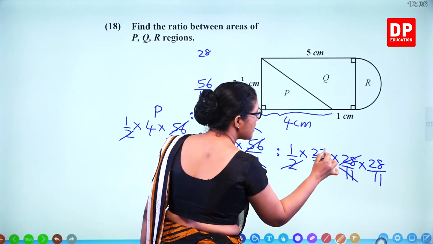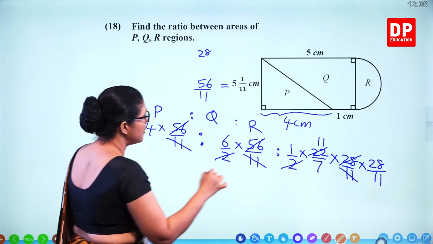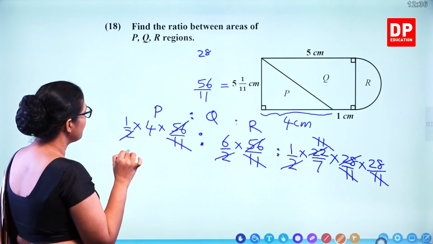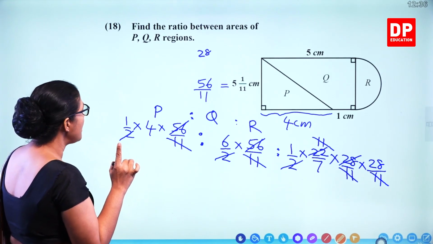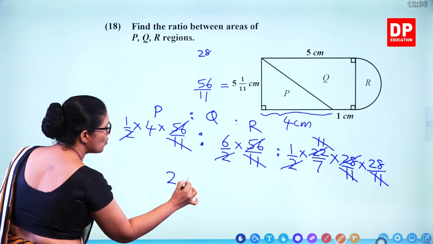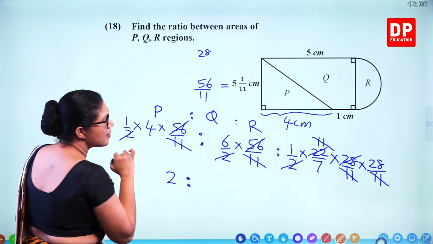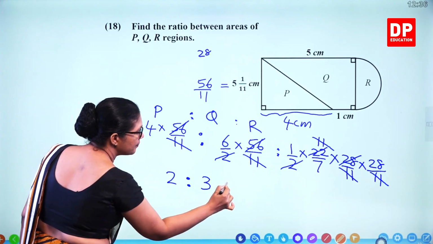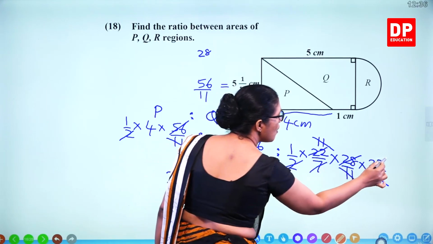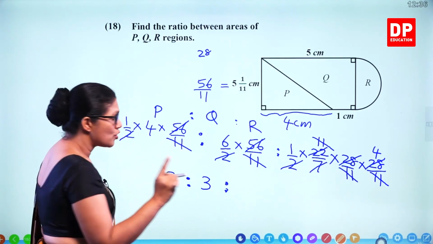So 28 and 2, here you get 11 there. Then 11, 11 also get cancelled out. So what else? You can divide by 2. When you divide by 2 here, you get 2. 4 divided by 2. This one, 6 divided by 2, you get 3. And here 7 times 4 is there.